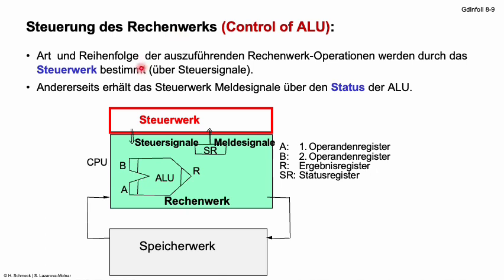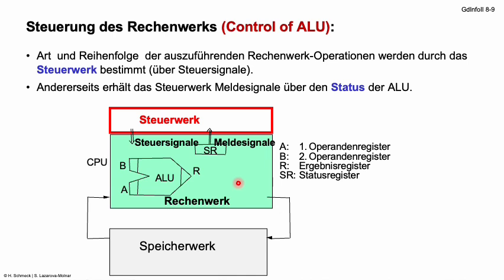The control unit of the computer basically is there to tell the arithmetic logic unit what operation to perform on the data that is being input, and it also stores the result in an output register.